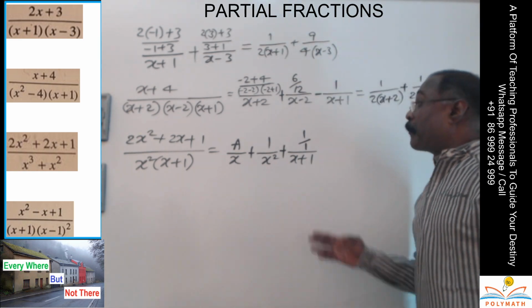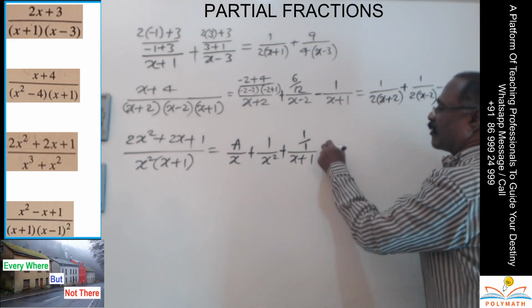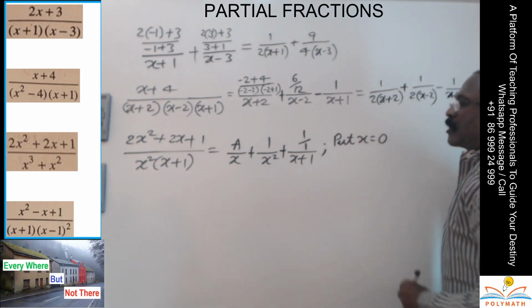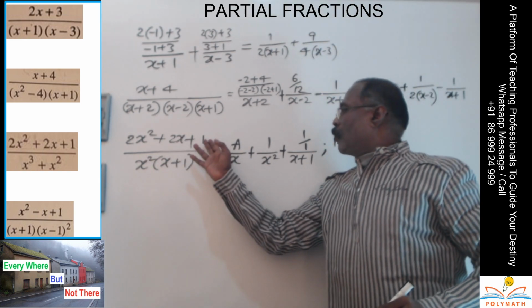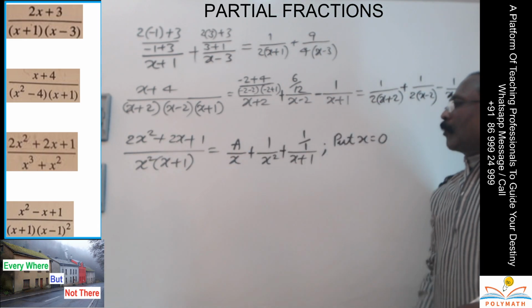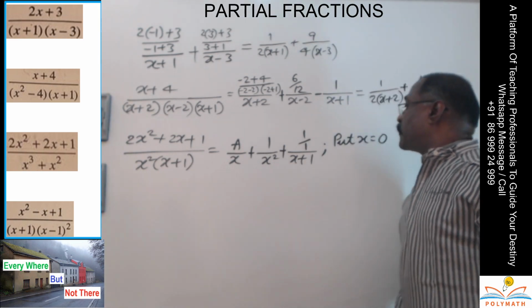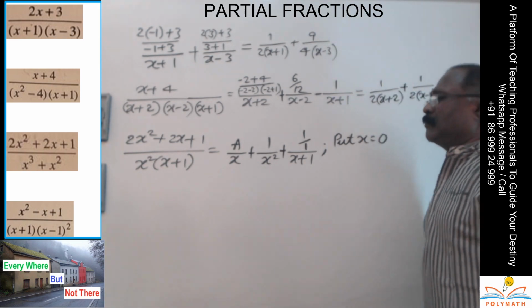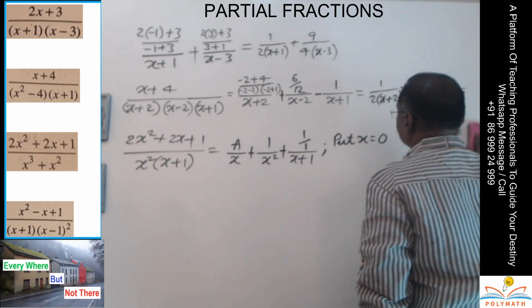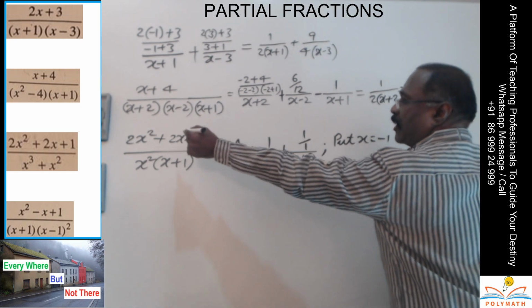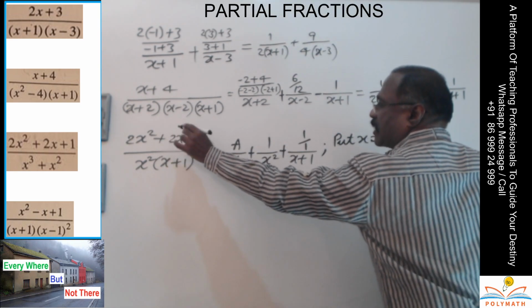No problem. Now put x equal to 0. Okay, we should not put x equal to 0 because this becomes 0 there. Let us put x equal to something like minus 1. Then this is 2, minus 2 gets cancelled.